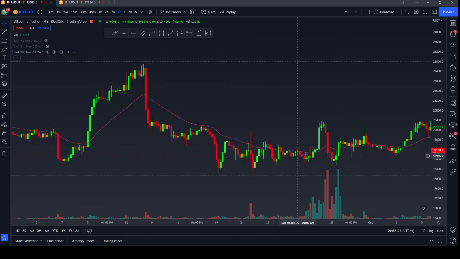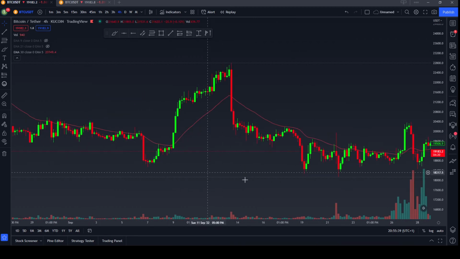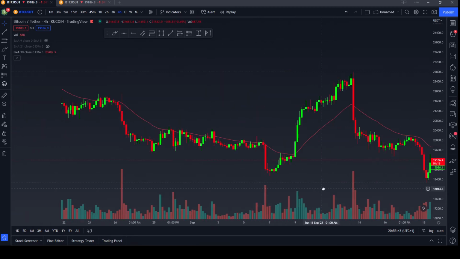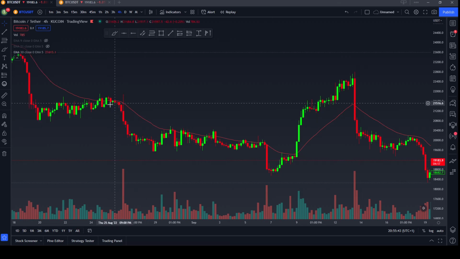So what's next? On the 30, let's go a bit further back. This would have been a nice move. Which one was this? This is our short.